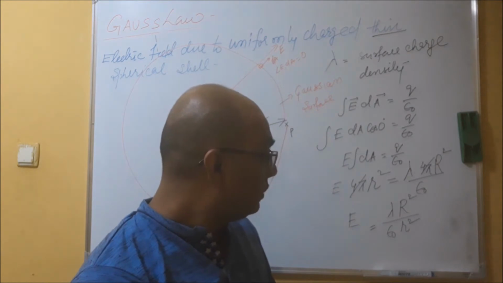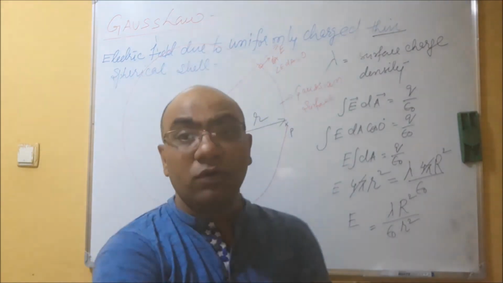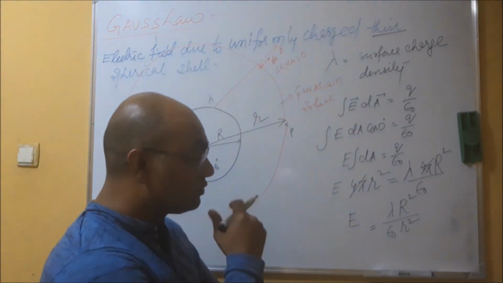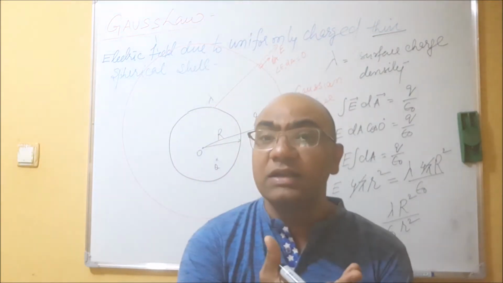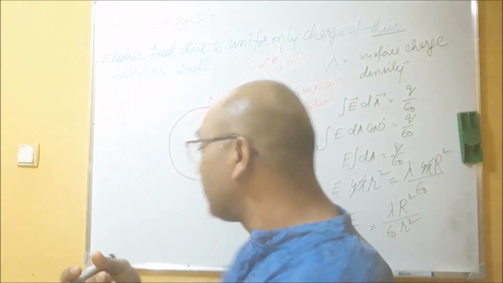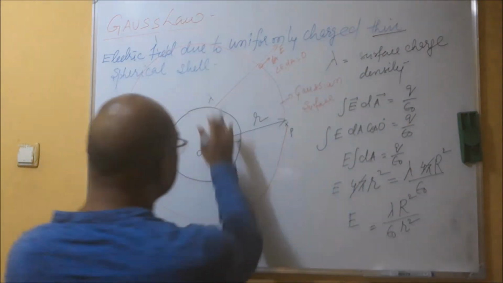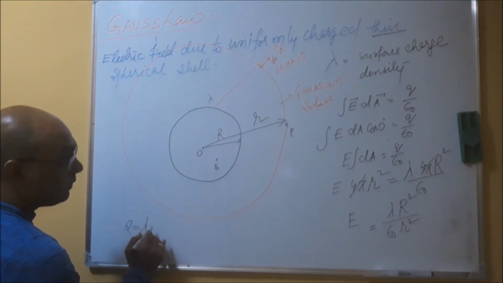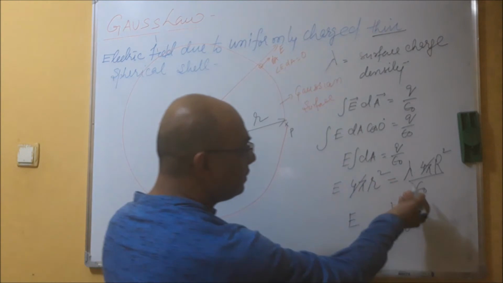If you want to write in terms of Q, then you can also write in terms of Q. Suppose the total charge is Q, so the total charge Q is lambda times the area, which we have seen here.